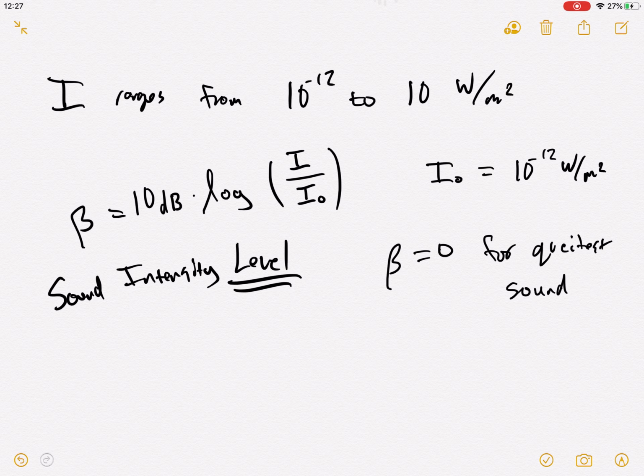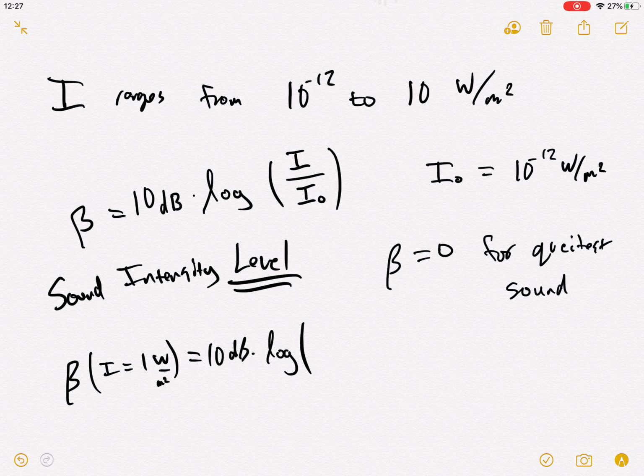So beta for I equals 1 watt per square meter equals 10 decibels times log base 10 of 1 watt per square meter divided by 10 to the minus 12 watts per square meter. So what is that?